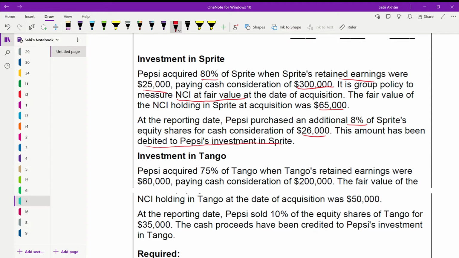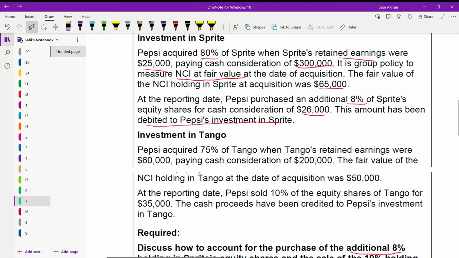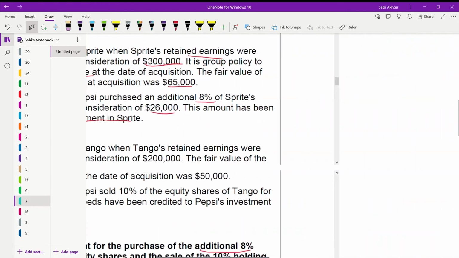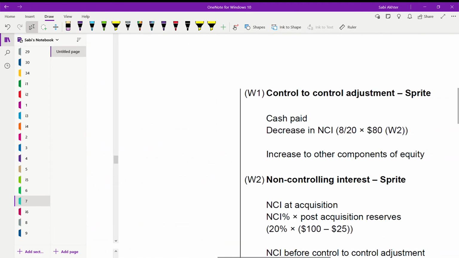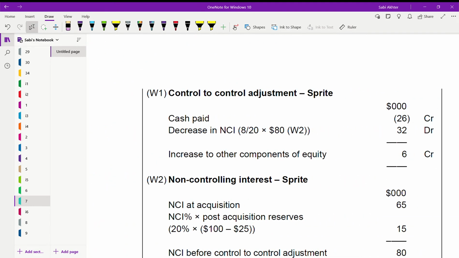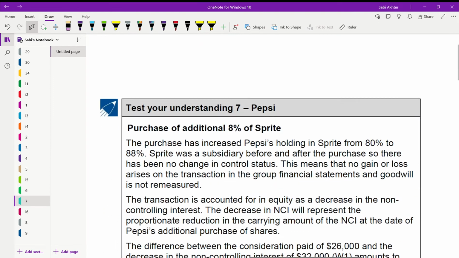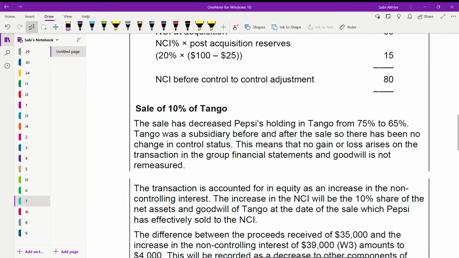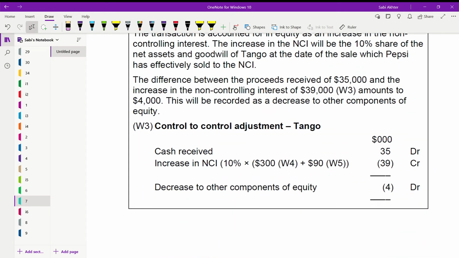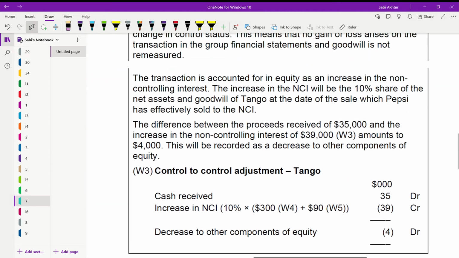So before we go to Tango, we can account for Sprite. We can come to Tango later. So if you see the answer, all these workings are required.